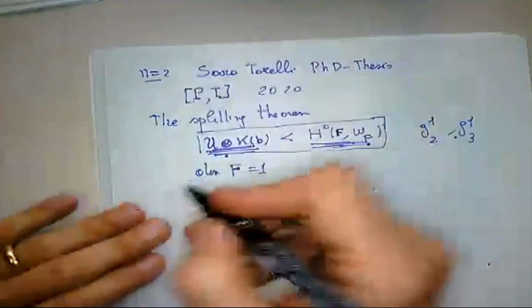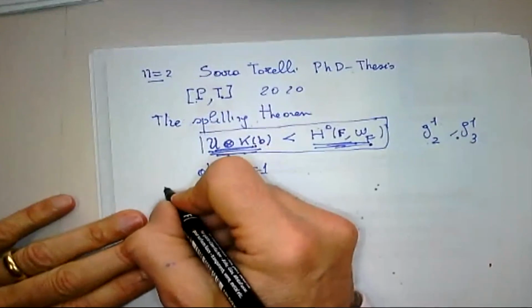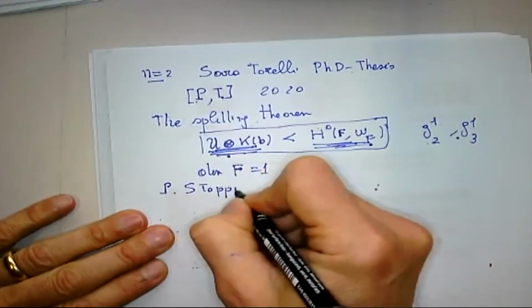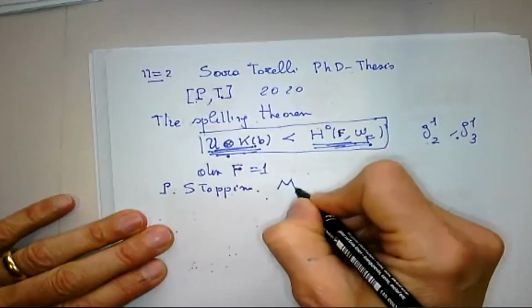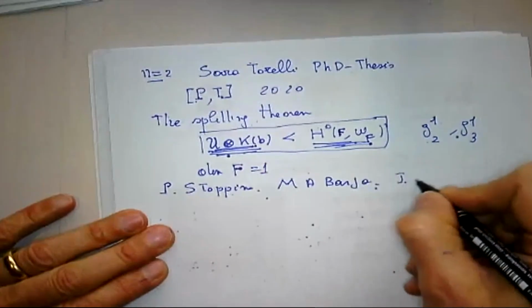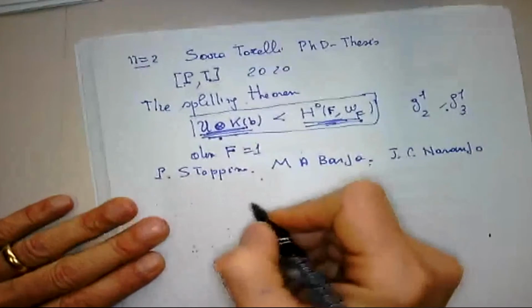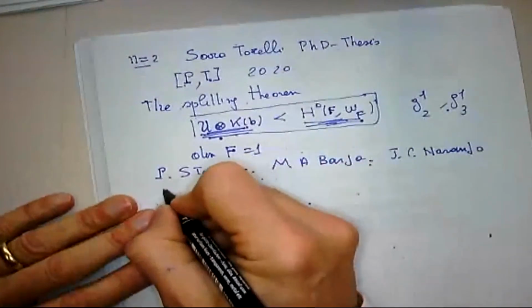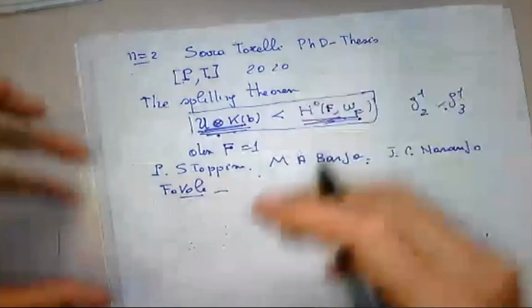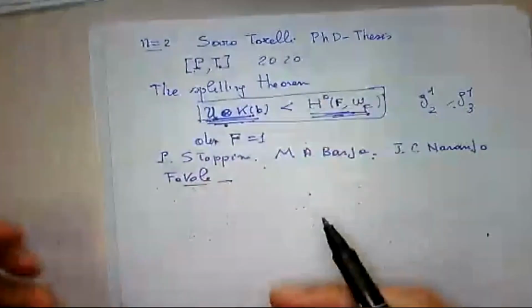So there is a huge theory where there are plenty of people, and let me quote some of them: Paola Stoppino and Miguel Angel Barja and Juan Carlos Naranjo and, I don't remember the name, sorry, Favale and others, who relate these numbers to the geometry of the surface.